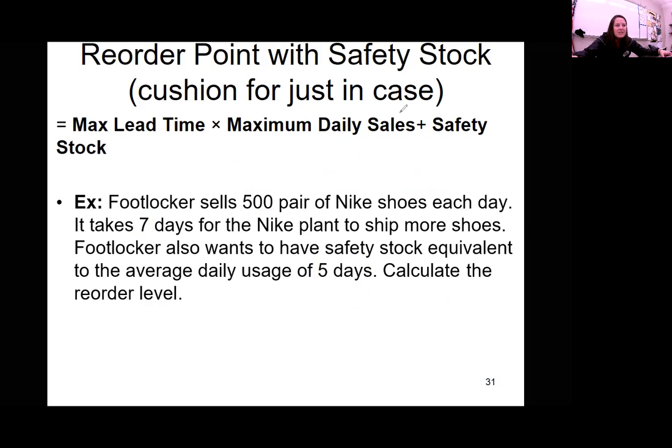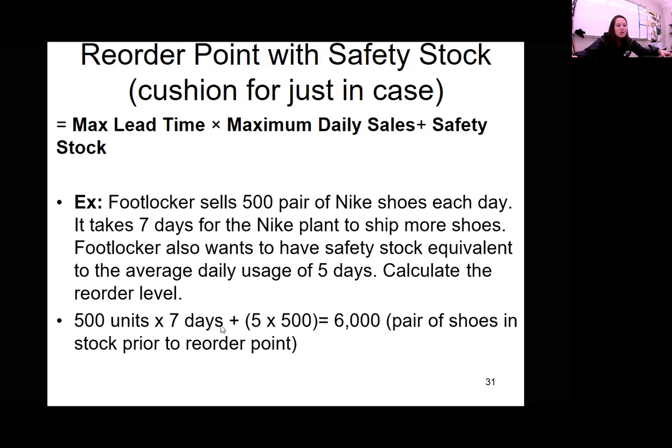So that's all safety stock is. You've got your normal 500 times 7, but you're going to add that safety stock of 5 times 500. And that gave you your 6,000 pairs of shoes. That's with safety stock, some extra cushion.